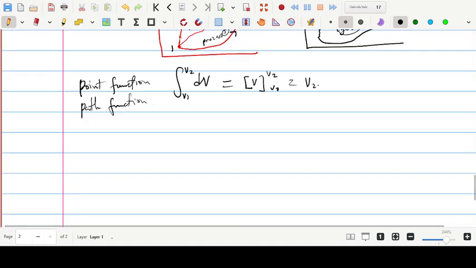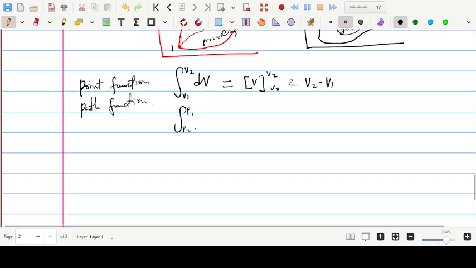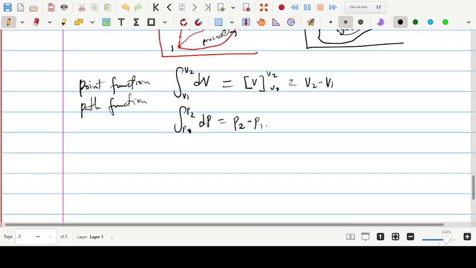So when you have v2 minus v1, and if it is in terms of pressure, that's P1, then P2 here, then P1 here, then you have dp. If you do that also, you are going to get P2 minus P1.